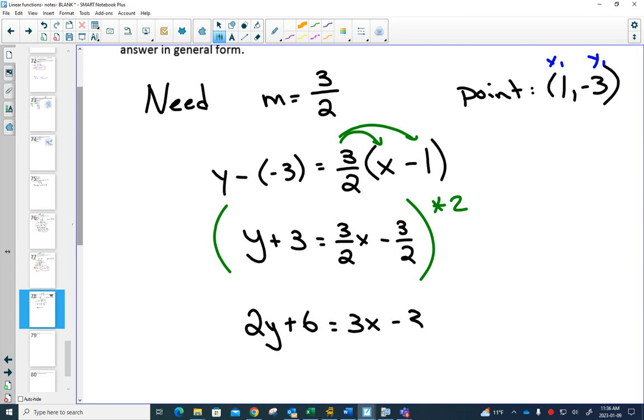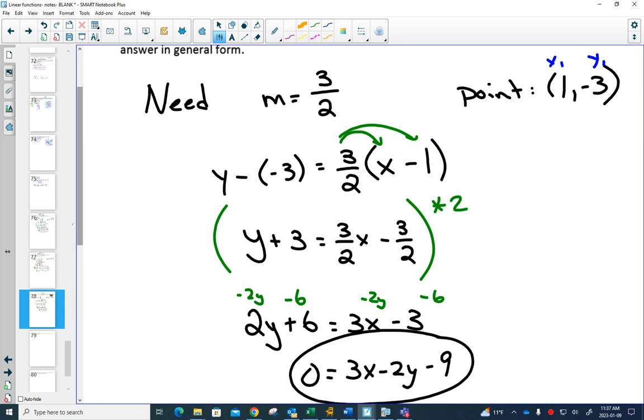Here the 2's will just get rid of the fractions, become minus 3. And it's plus 6. Since the x is positive already, I'm going to subtract 2y on both sides. I'm going to subtract 6 on both sides. And minus 3, minus 6 are like terms. Will give me minus 9.